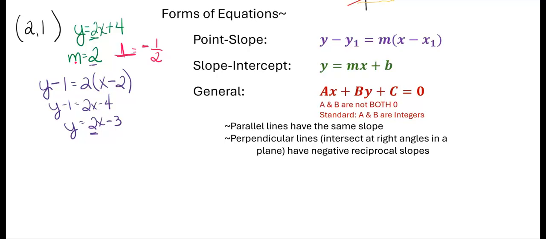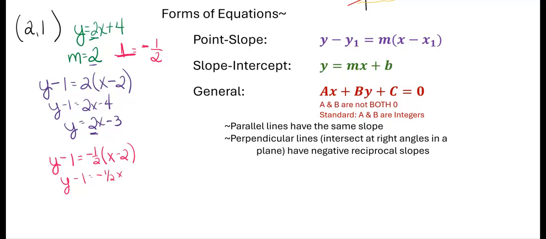So I could do this all over again, but instead of writing a 2, I would write a negative 1/2. So y minus 1, because that's my y value, equals negative 1/2 times x minus 2. And then I would distribute, and I would get y minus 1 equals negative 1/2 x.